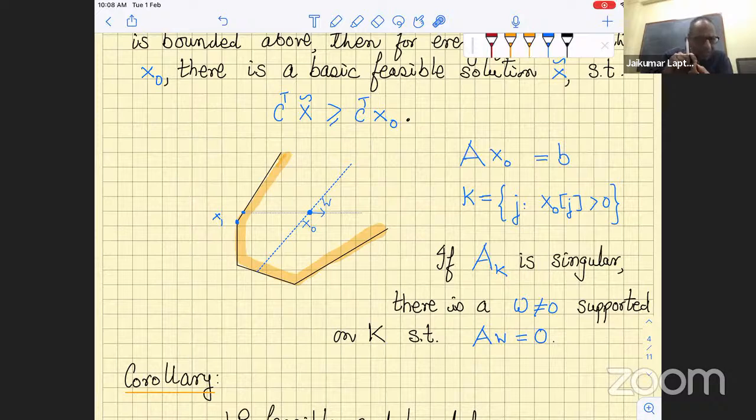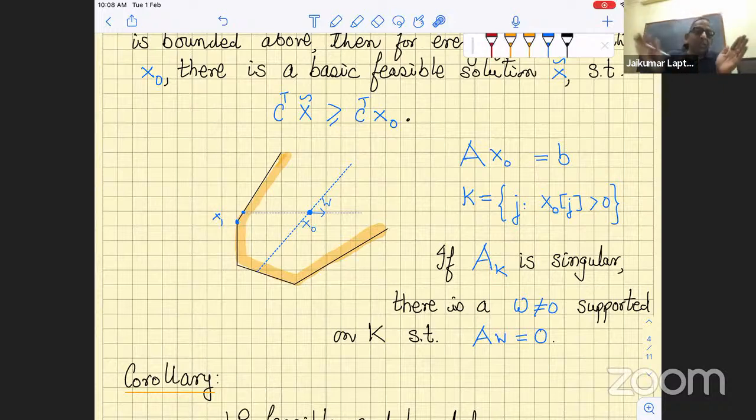If it is not, there is some direction in which we can move. Moving in one of the directions, we will keep staying feasible. But if we move in the opposite direction, we will reach this point. Maybe we will call this x2 and so on.